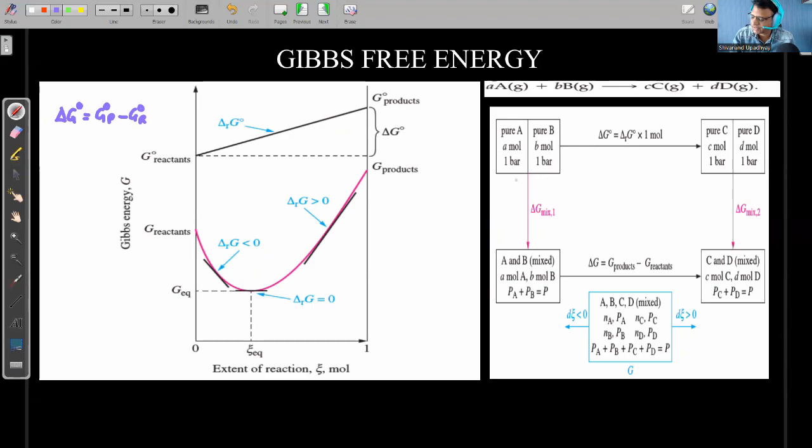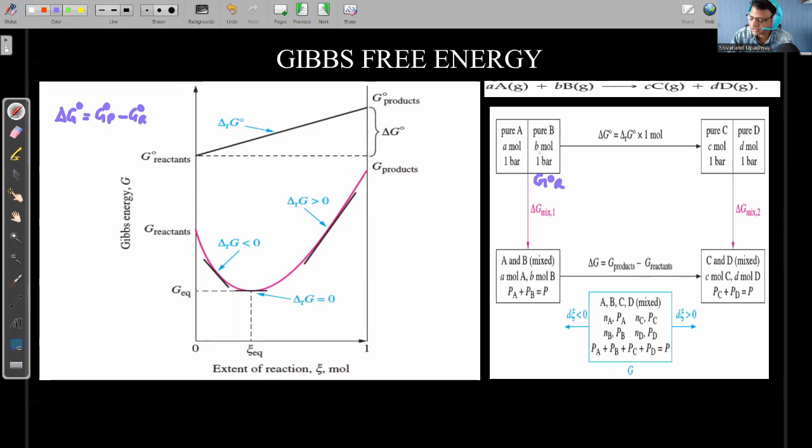Here in this diagram we can see that this is related to G naught of the reaction. This is G naught R. G naught R means the reactants are present at 1 bar pressure, and they should be in pure form, right?